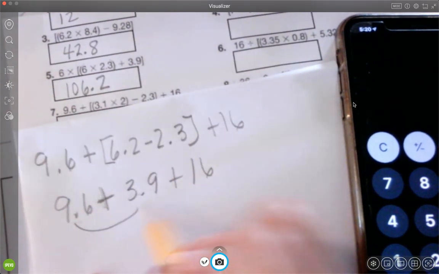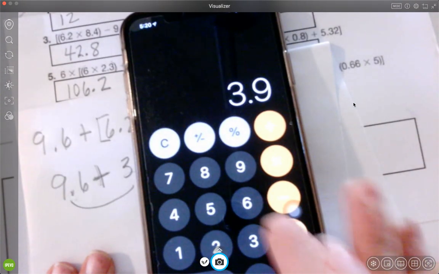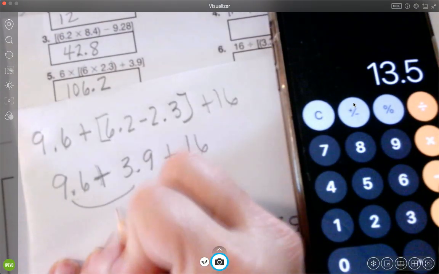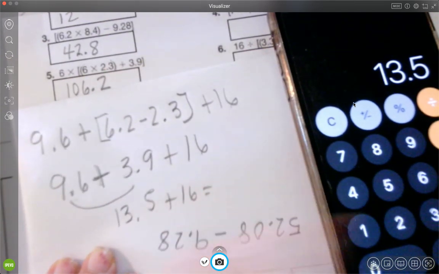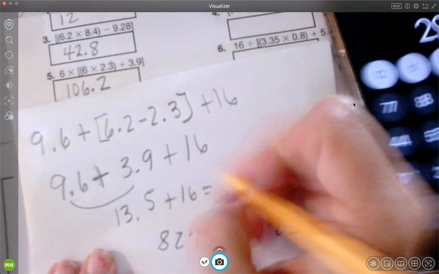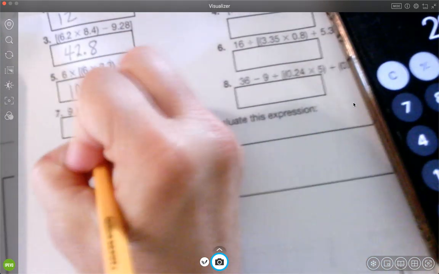So let's add these two together, and then we'll add those to 16. So I have 3.9 plus 9.6, and I get 13.5, and then 13.5 plus 16 equals 29.5. And I put that on my answer sheet.